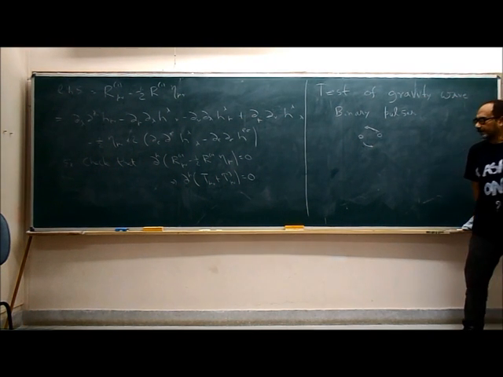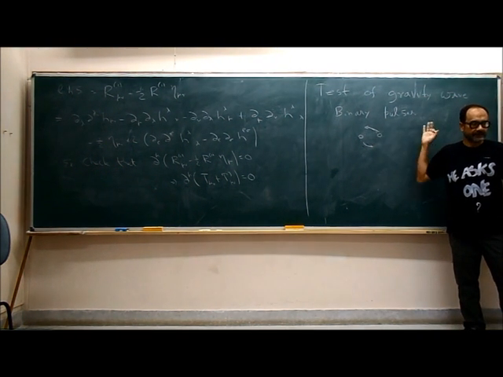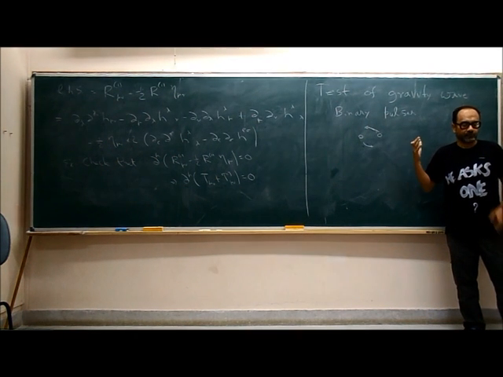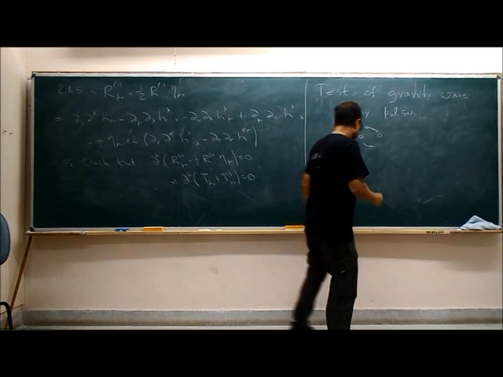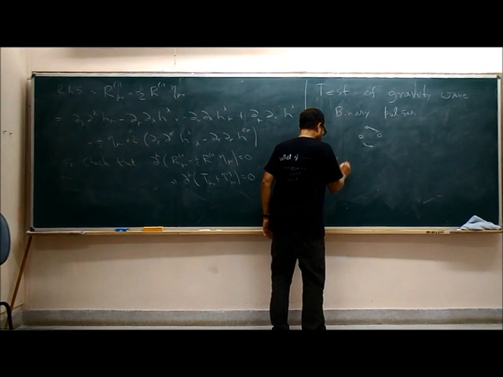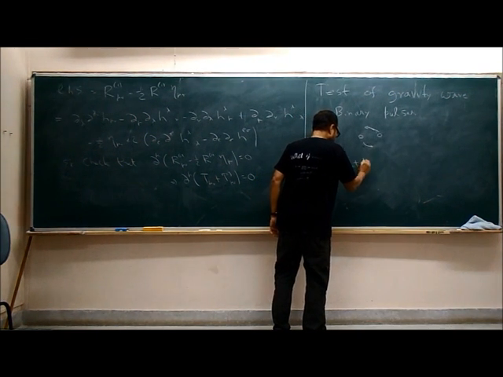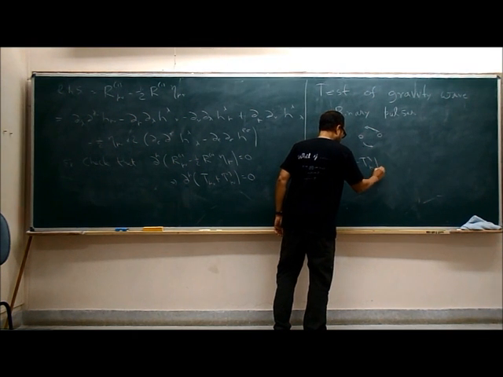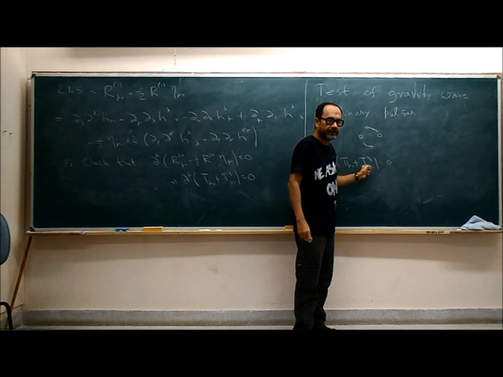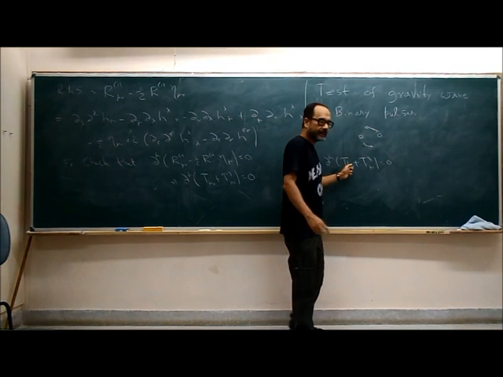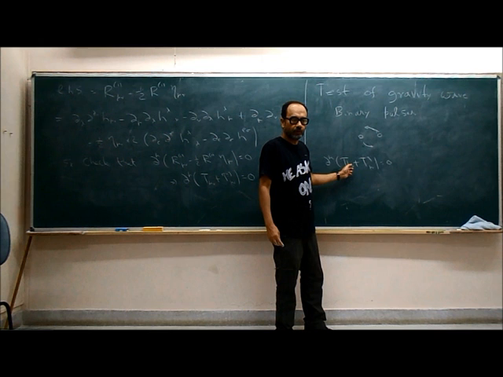So you use the energy momentum conservation. Once you know how much gravity wave is produced, you can use this equation: del mu of (T mu nu plus Tg mu nu) equal to 0. So if you are producing a gravity wave which carries a certain amount of Tg mu nu, it must be compensated by a change in T mu nu.